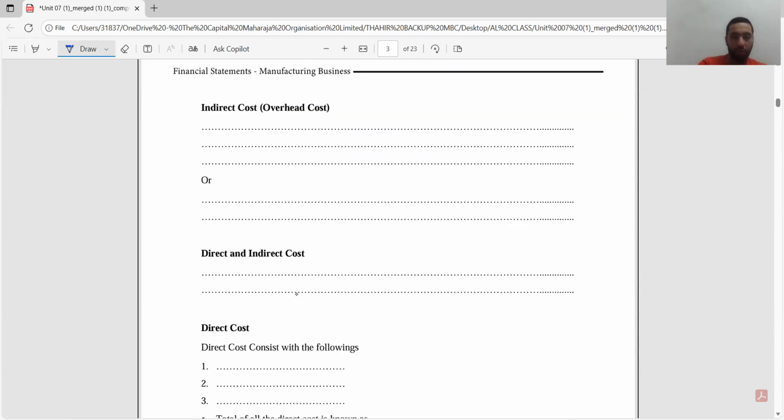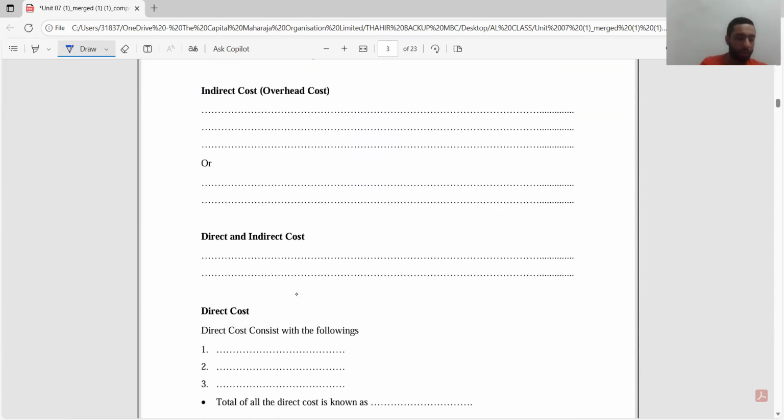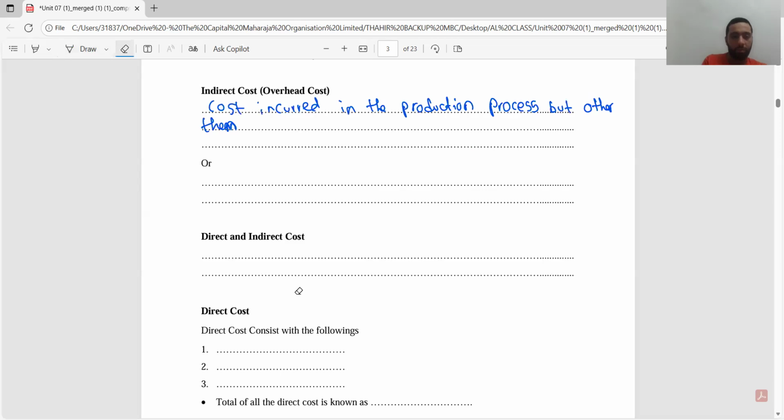So let's move on. Right. Indirect cost. Cost incurred in the production process, but other than the direct costs.